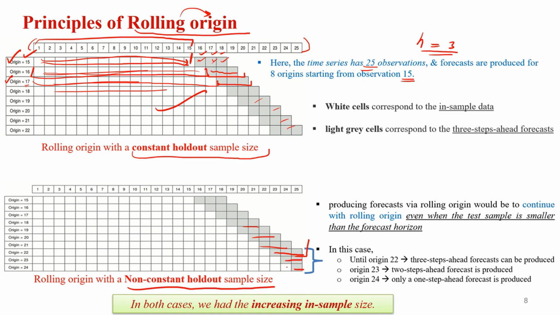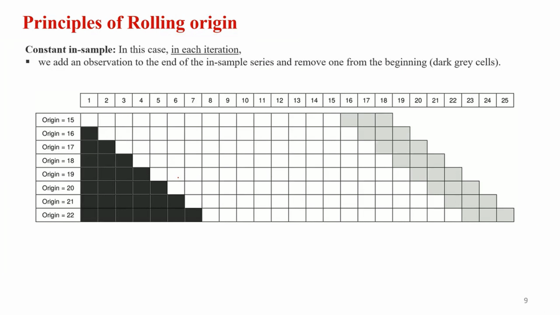Which means in order to generate the error we are using one step ahead forecast error, two step ahead forecast error, three step ahead forecast errors, and so on. Whereas over here it is 3. Now it's up to you, you can adopt this approach or that approach. We can also adopt a third approach.